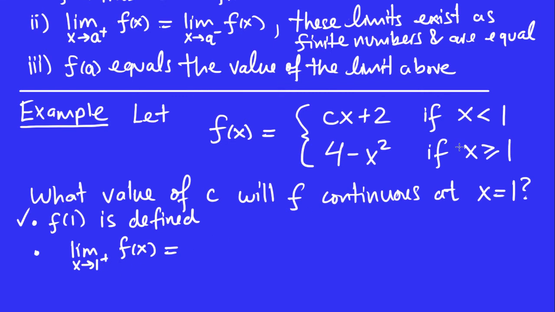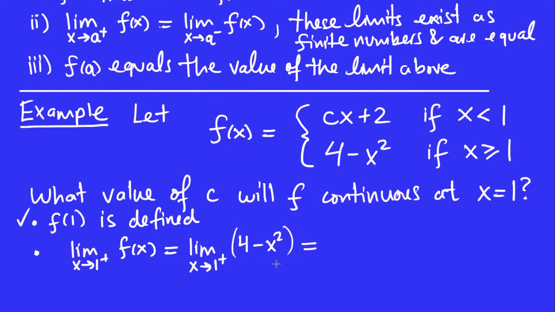For numbers that are bigger than 1, which option do I use? It's this one here, right? 4 minus x squared. So I'm going to recopy this limit sign, but f of x is going to be replaced by the formula that it is when x is a number bigger than 1. And that's true in this situation, because x is going to 1 from the right, so x is a number a little bit bigger than 1.